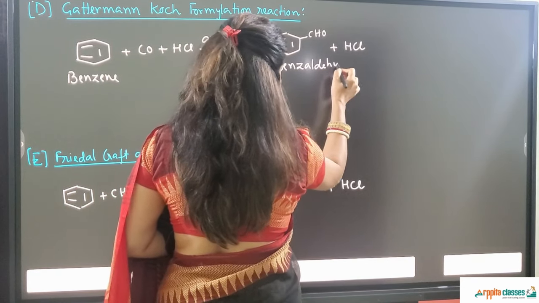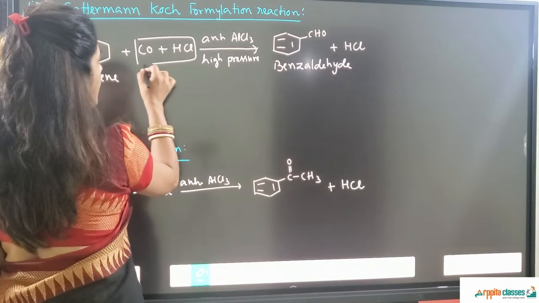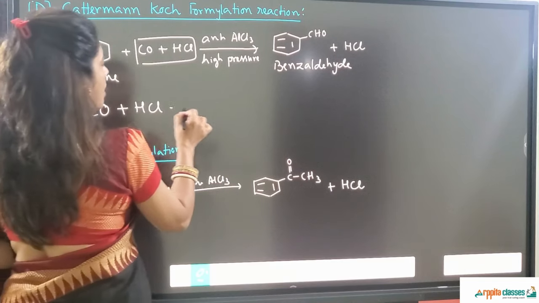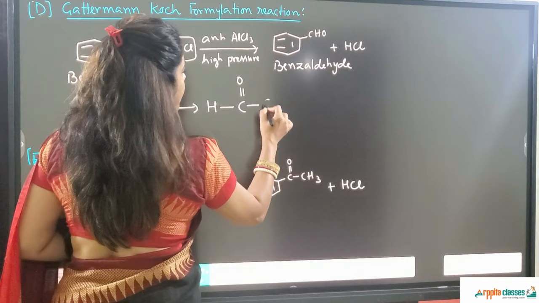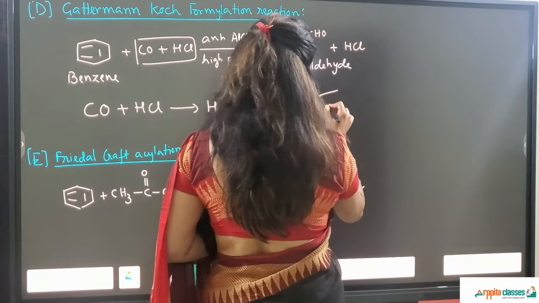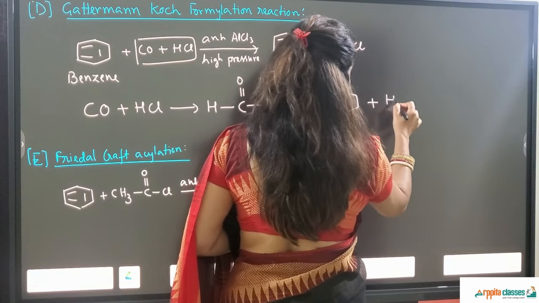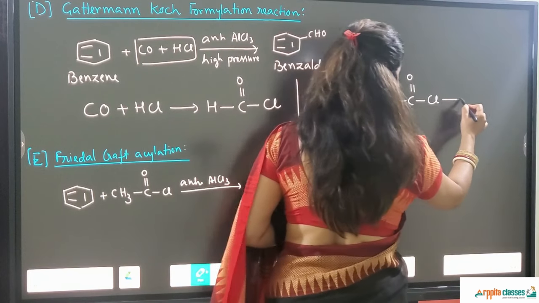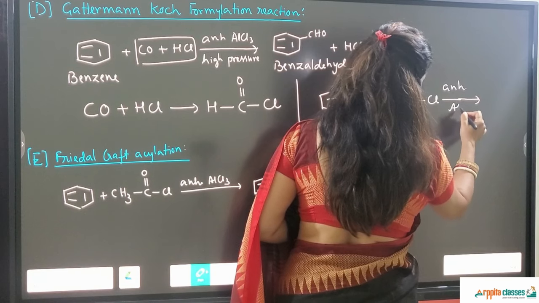How is it happening? I am just showing you this way. First of all, CO and HCl will react together to give HCOCl. Now this HCOCl will react with benzene, in presence of anhydrous AlCl3. You know what is the role of anhydrous AlCl3?